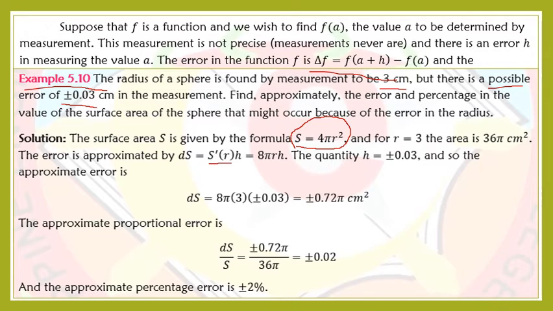S prime of r times h. So, ang derivative ni S, ito yung function natin. Ang derivative nito is 4 times 2 is 8, times r is 8 r pi. Si pi is constant yan. And then h times h. So that's why naging 8 pi r h. The quantity h is equal to plus or minus 0.03.